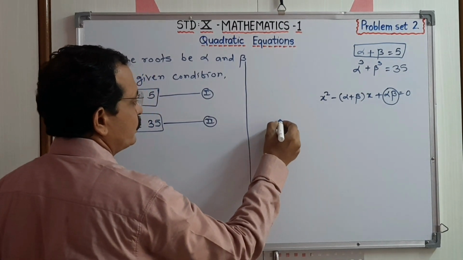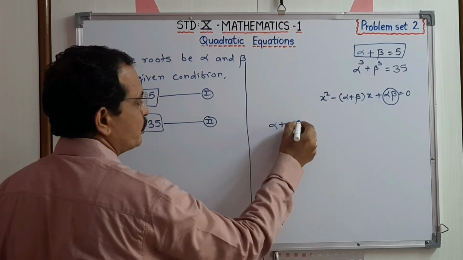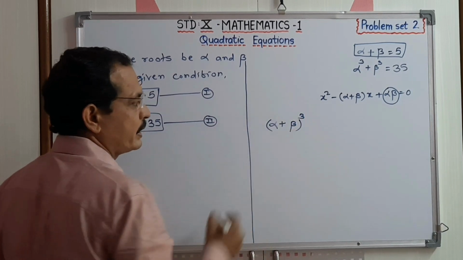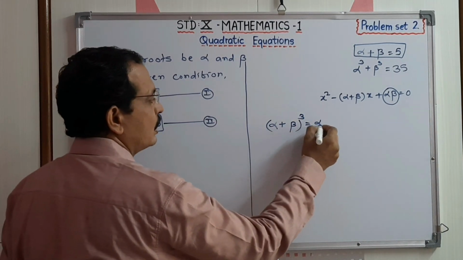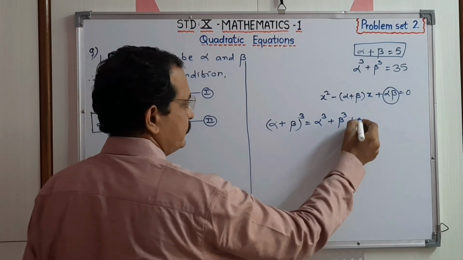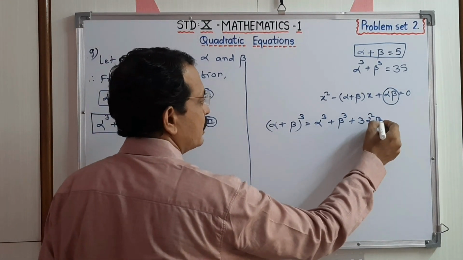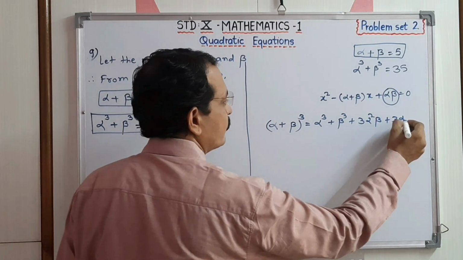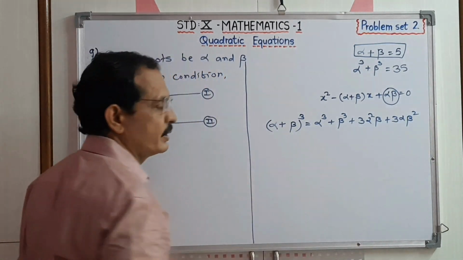Dear student, we know the expansion formula: alpha plus beta whole bracket cube is equal to alpha cube plus beta cube plus 3 alpha square beta plus 3 alpha into beta square.